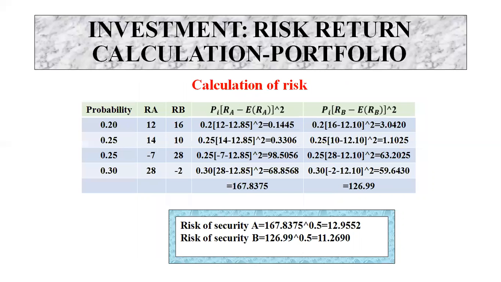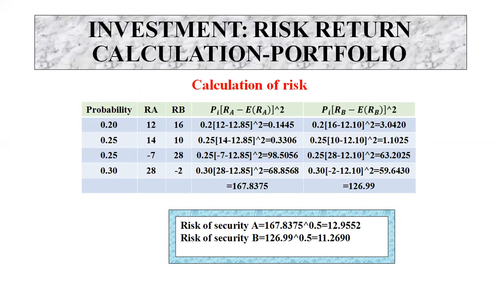But only return is not sufficient for us, so we have to calculate the risk. Risk is the standard deviation of the return of the individual securities. The detailed process we know, actually we are calculating the expected standard deviation, which is the root value of the expected variance.